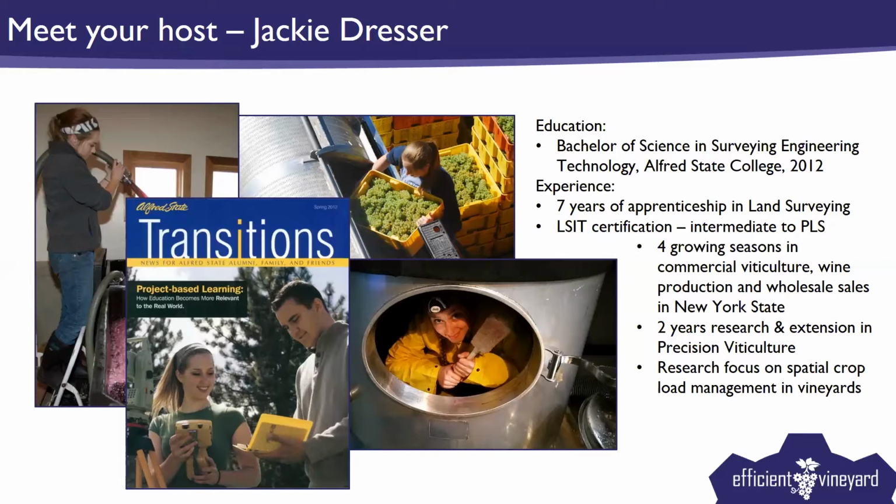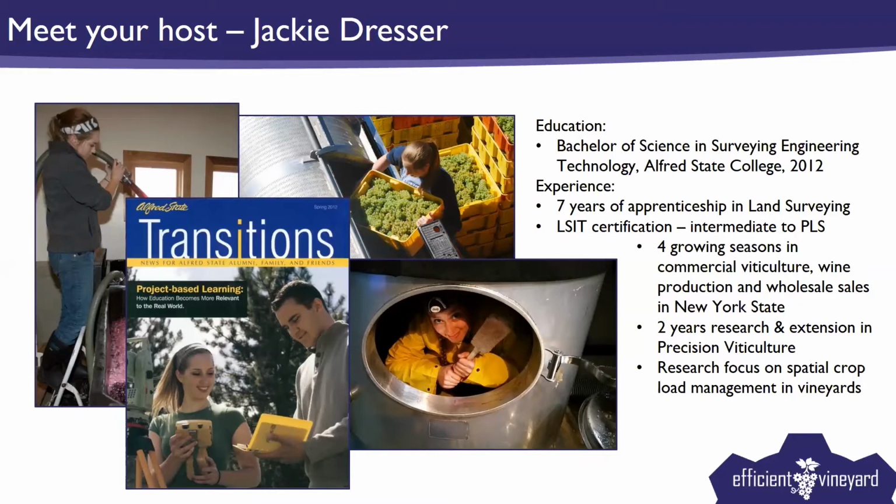So basically I sat in a testing facility for 8 hours, and it's sort of like the bar for surveying. I've had 4 commercial growing seasons with a small production in upstate New York. Did a little bit of the urban winery thing down in Brooklyn too, so that was fun. I joined the Efficient Vineyard project in 2016, and I've worked with a little bit of everything, focusing on the data we get from our sensors, doing commercial field scale research trials, and also trying to do my best to bring the information to our base and now to you.